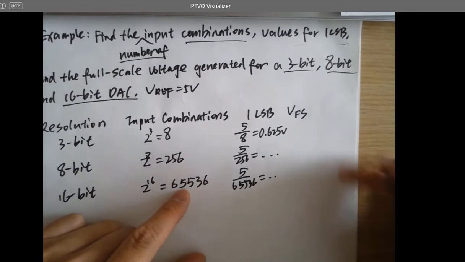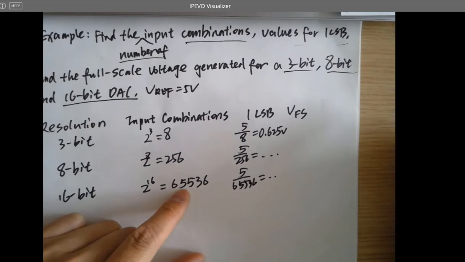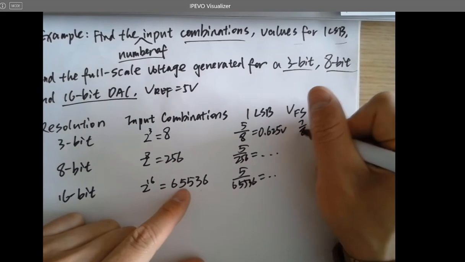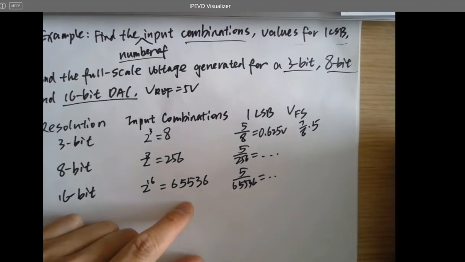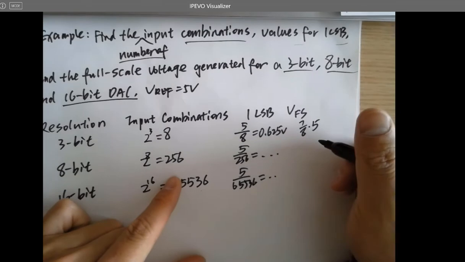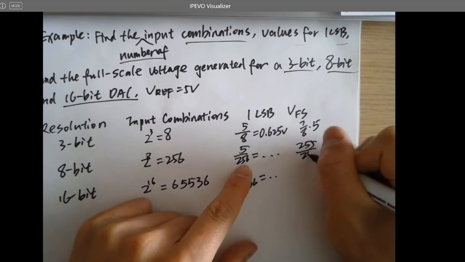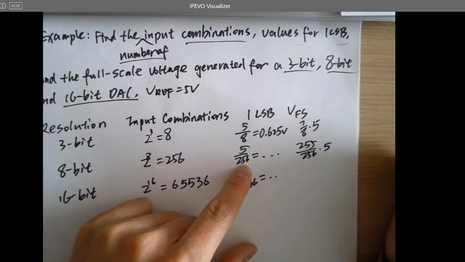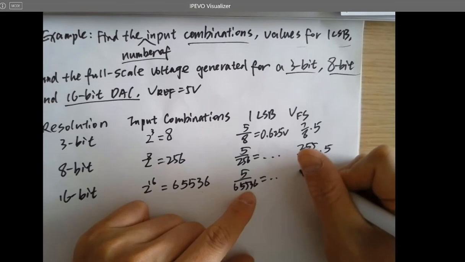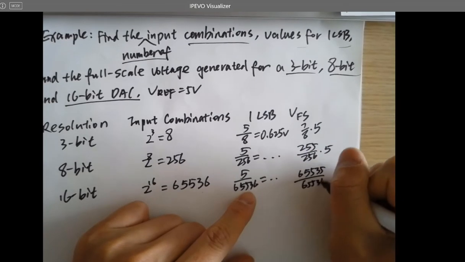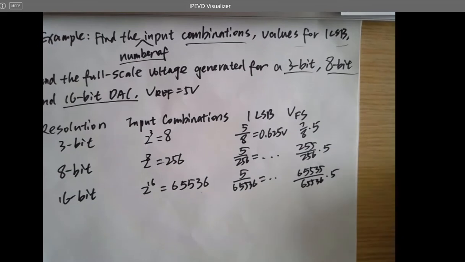All right. What about the full scale voltage? For this one, it's going to be 7 over 8 times 5. This is 255 over 256 times 5. And this will be 65535 over 65536 times 5. All right.